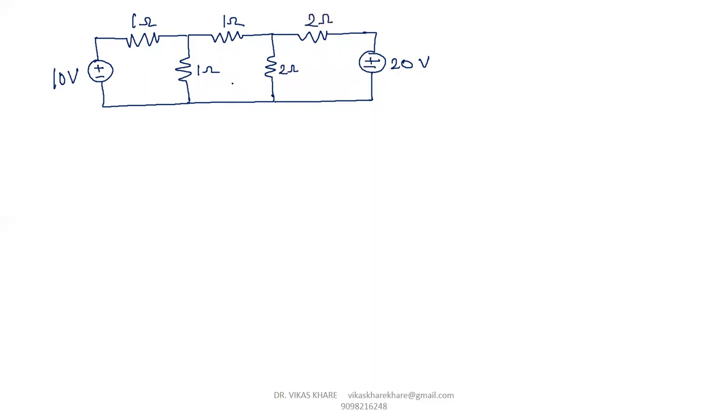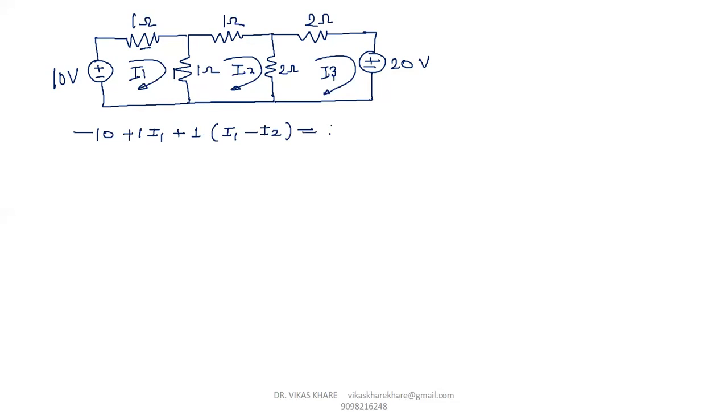According to mesh analysis, the closed paths are I1, I2, and I3. The loop equation in loop 1: minus 10 plus 1 into I1, then across this one, 1 into I1 minus I2 equals 0. So minus 10 plus 1 into I1 plus 1 into I1 minus I2 equals 0.